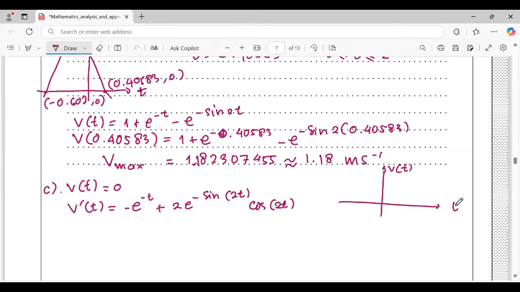This one, t. And a graph like this. This is the derivative, sorry. A graph like this.